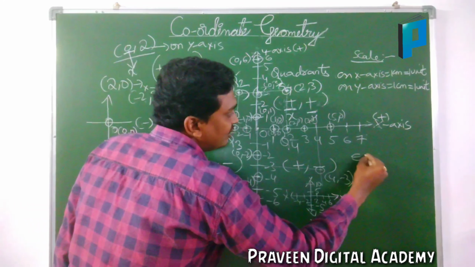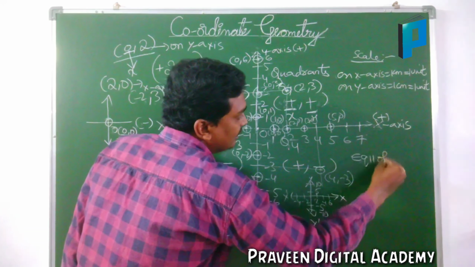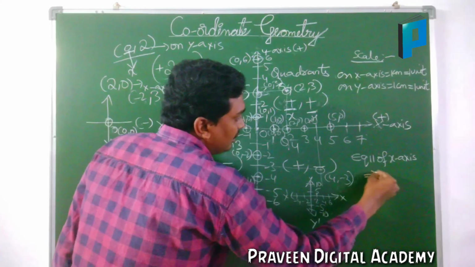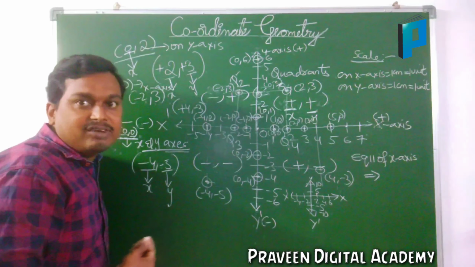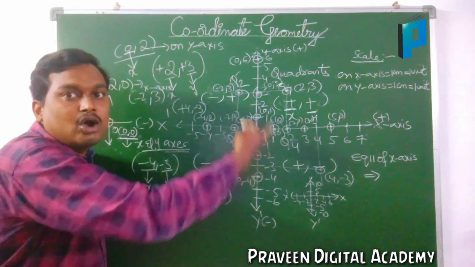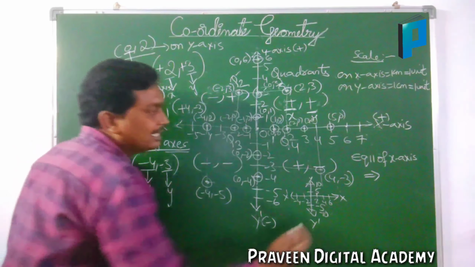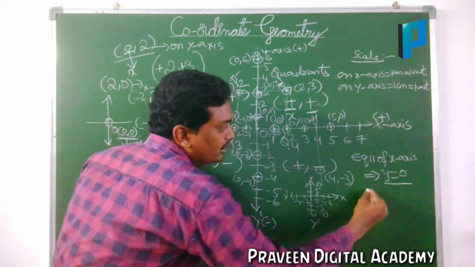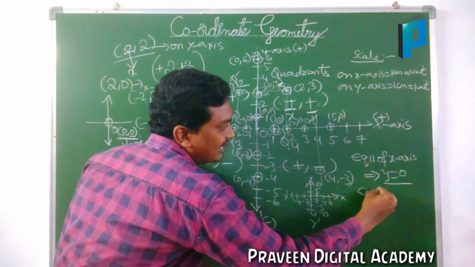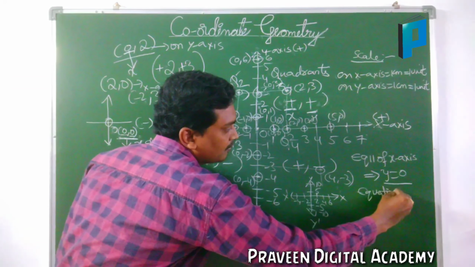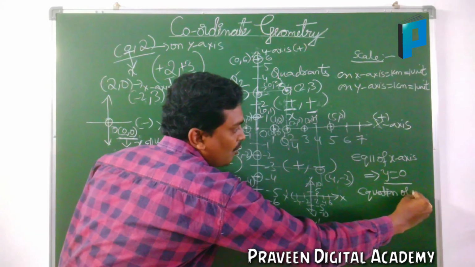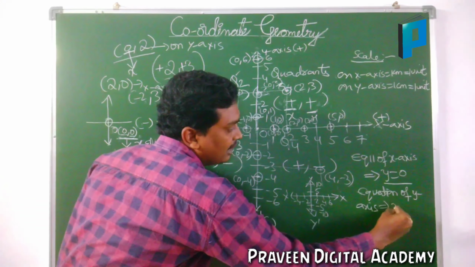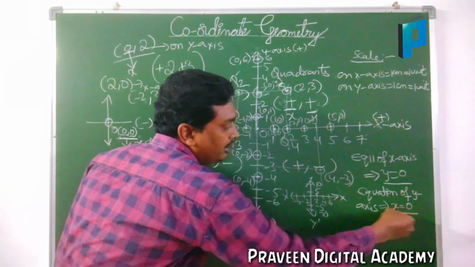And the equation of the x axis, what is the equation of the x axis in coordinate geometry? The equation of the x axis is y is equal to 0. The equation of the y axis is x is equal to 0.